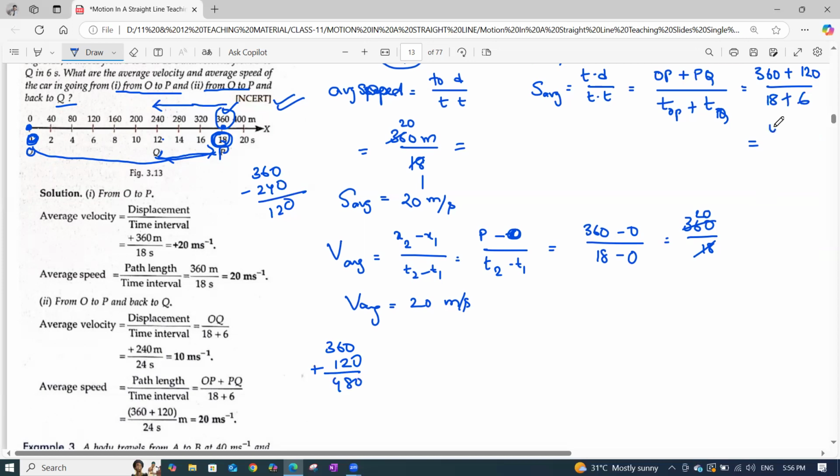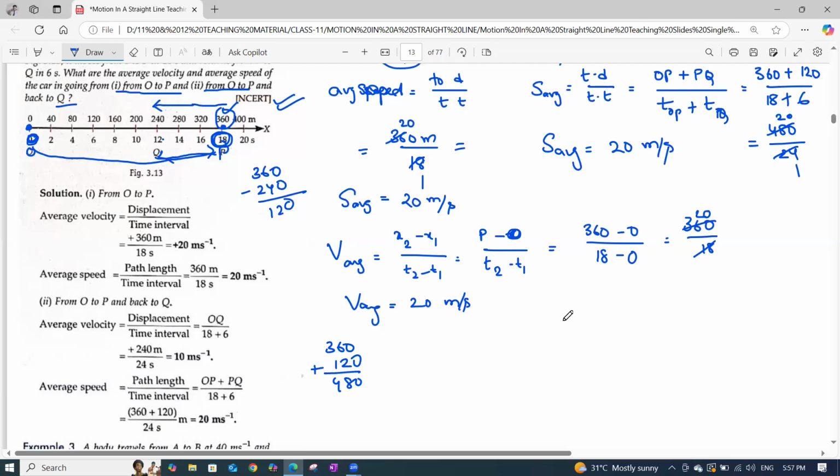In the numerator, we'll get 480 upon 18 plus 6, which is 24. 24 ones, 24 twos. So V average value is equal to 20 meter per second.